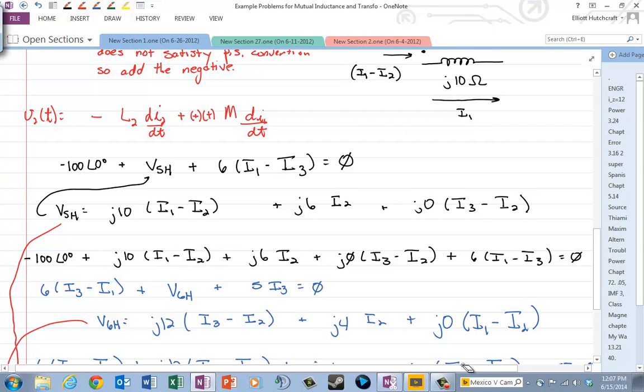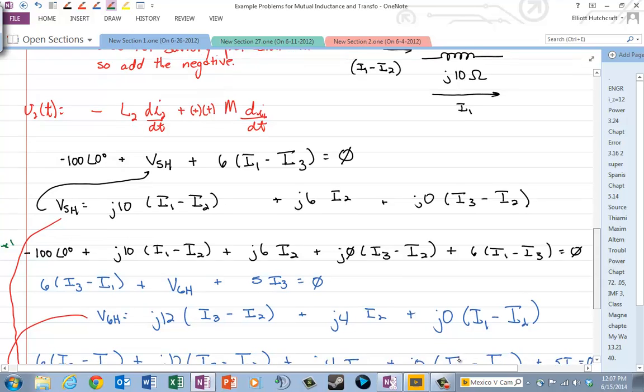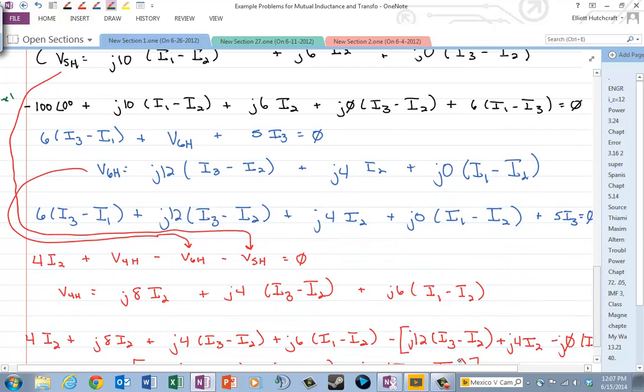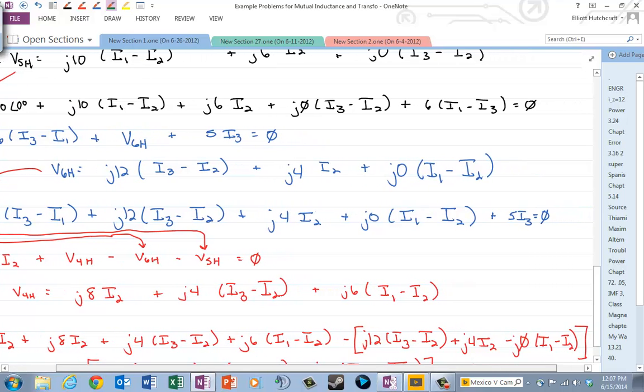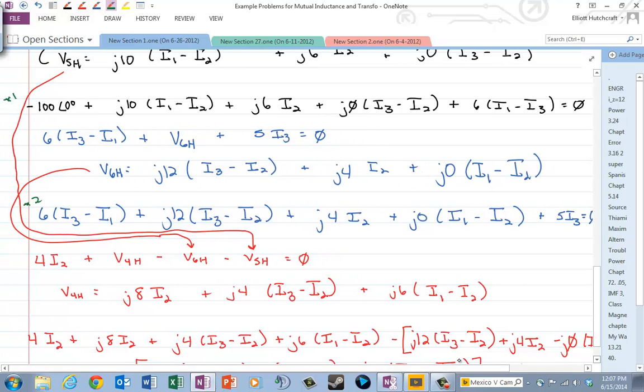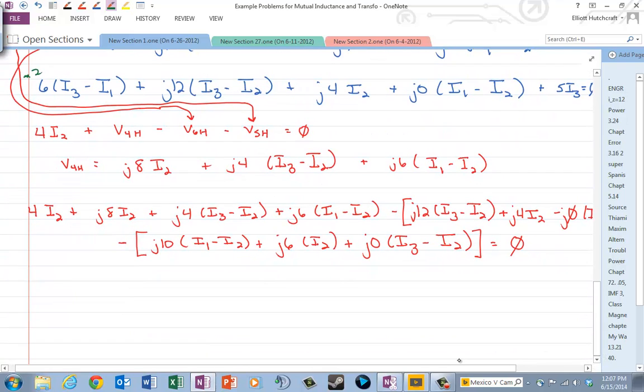Excuse me. 1 is right here. It has mesh currents I1, I2, and I3, which we don't know. And then here's our second one, 2, and it has mesh currents I1, I2, and I3 in it. That's still it. So now we've got 2 equations but 3 unknowns.